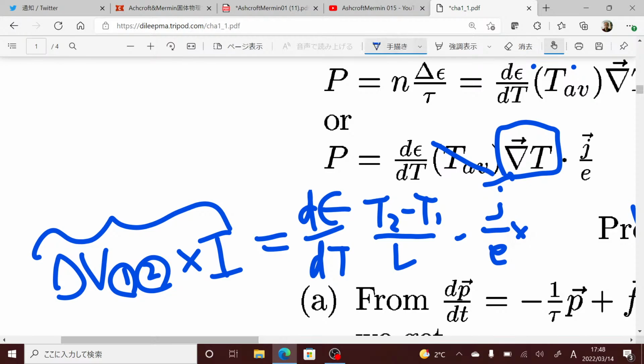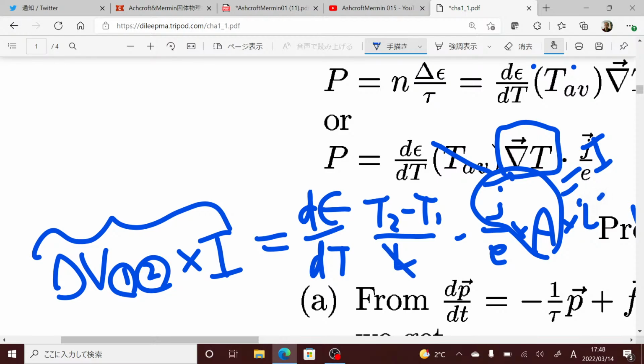Volume is A times L, and this is current I. And we can cancel L, then we can cancel I on this side and this side.